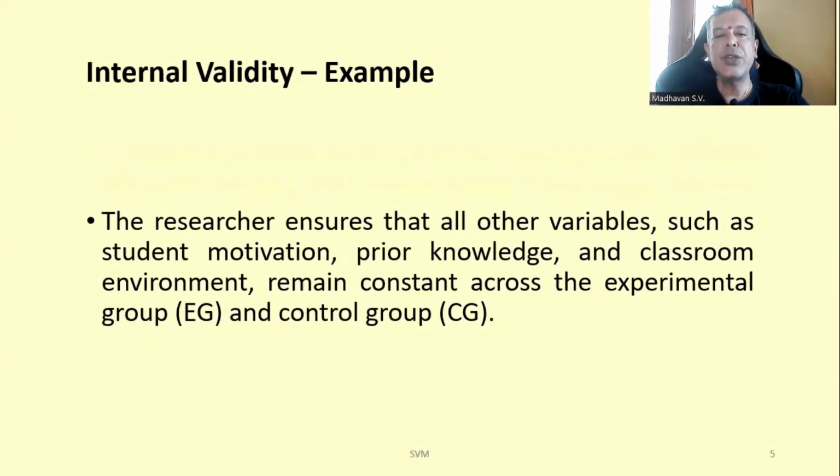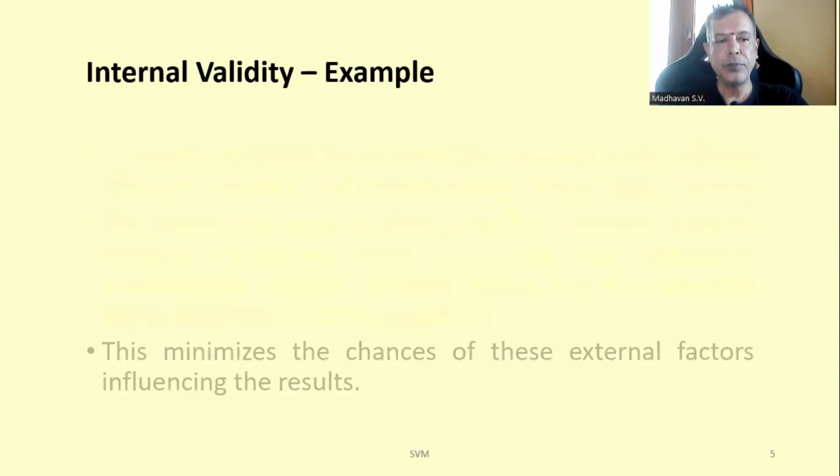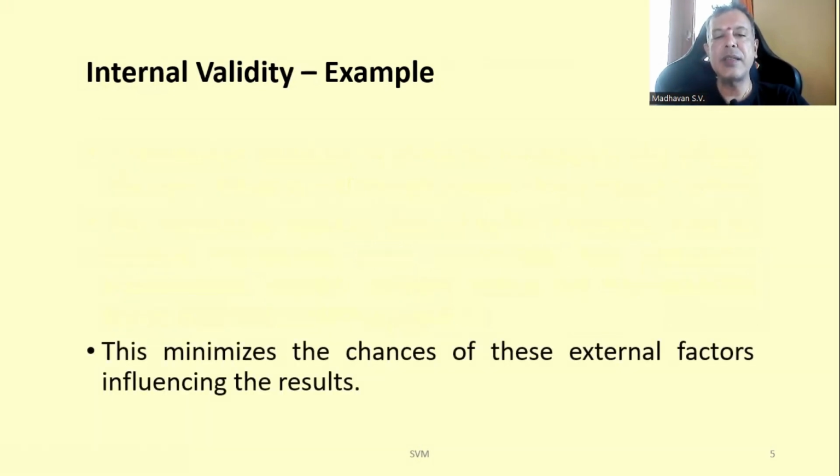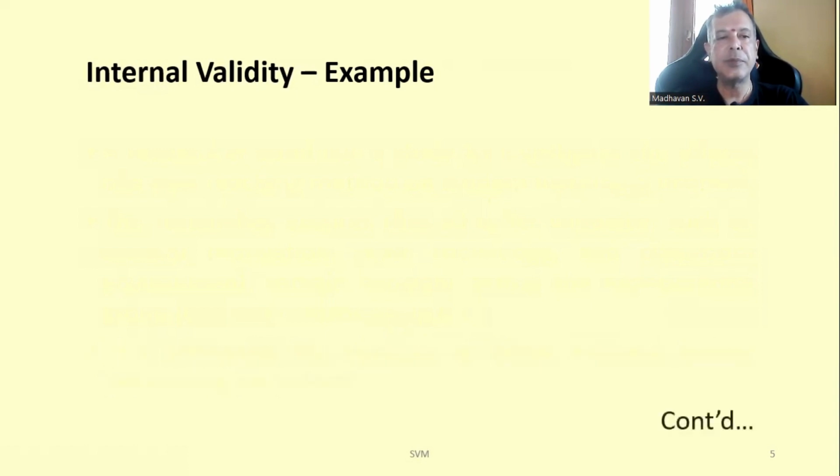The researcher ensures that all other variables such as students' motivation, prior knowledge, and class environment remain constant across the experimental group and the control group. This minimizes the chance of these external factors influencing the results because he is keeping those things constant.